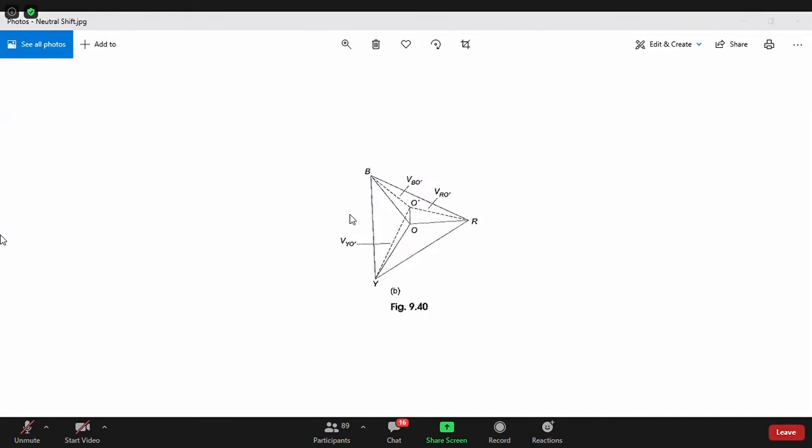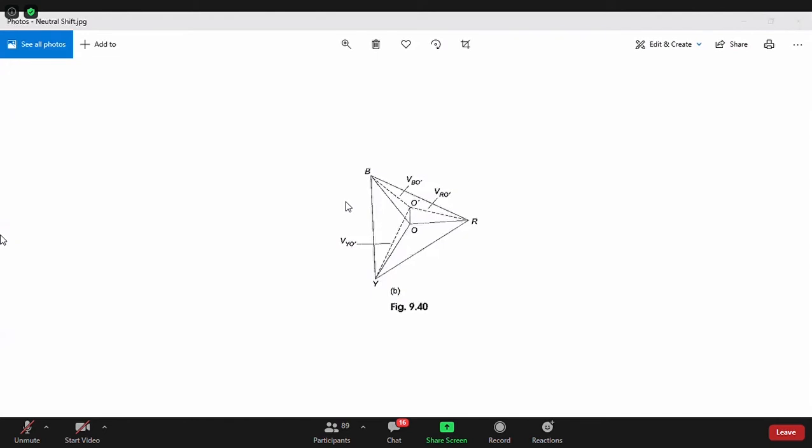Now I ask another question. I have given you a problem where I showed you that even if the three impedances are unbalanced, the neutral current could still be zero. So by measuring the neutral current, I cannot say whether the load is balanced or unbalanced.